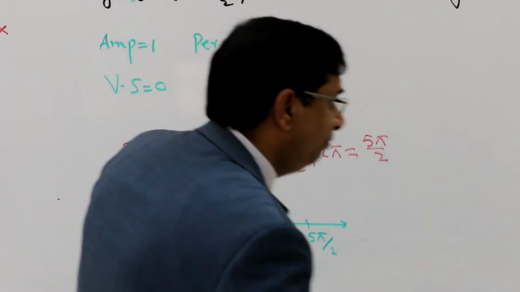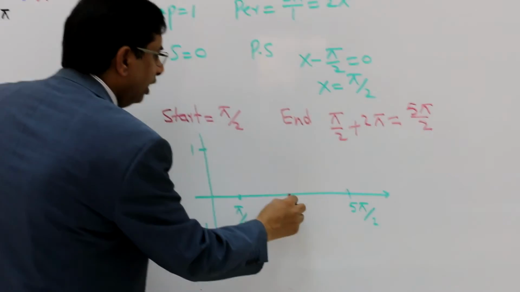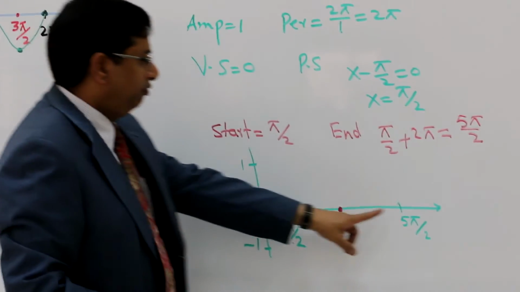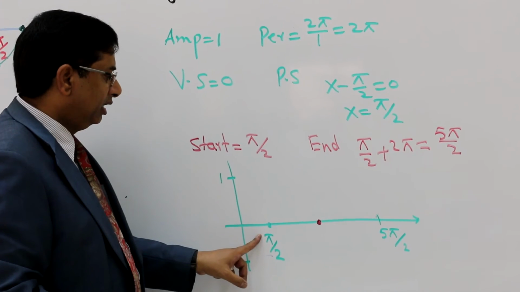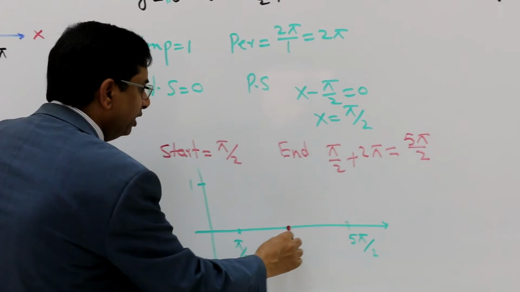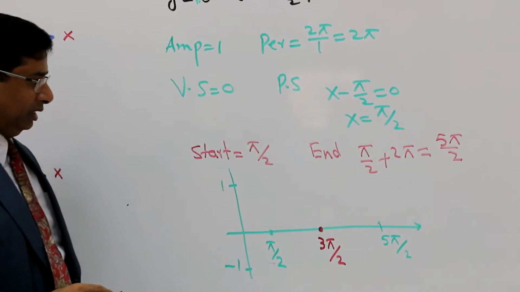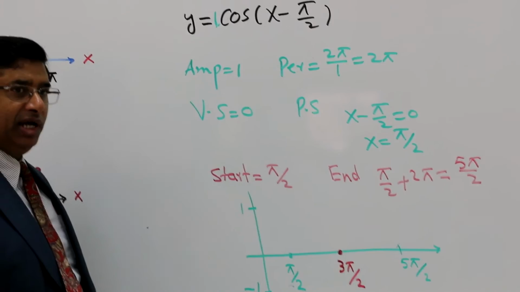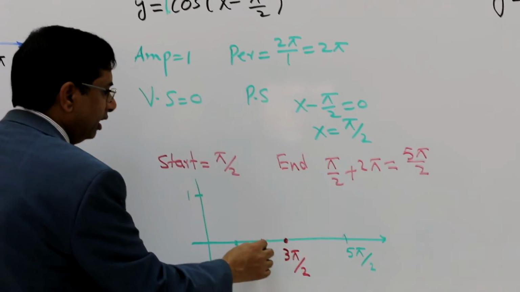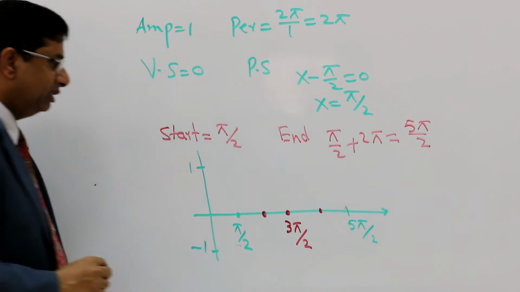We have the midpoint of this one now. The midpoint: 5 plus 1 is 6, 6 pi over 2, then 3 pi divided by 2 is 3 pi over 2. This is the midpoint of this one. We need another midpoint of this. That midpoint is here and here. You can calculate what number this is.